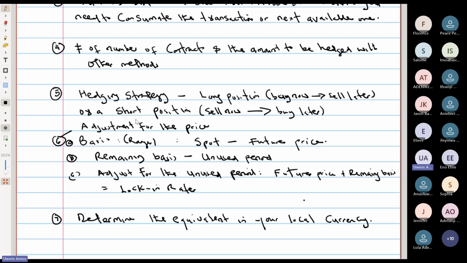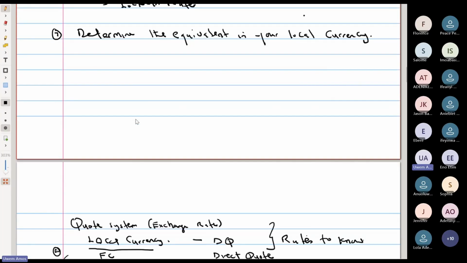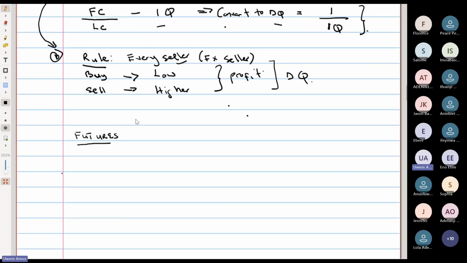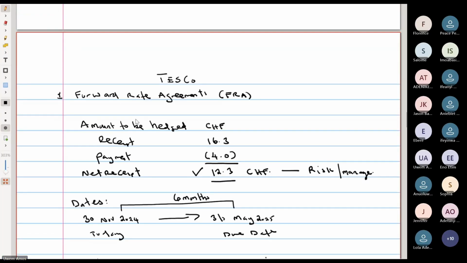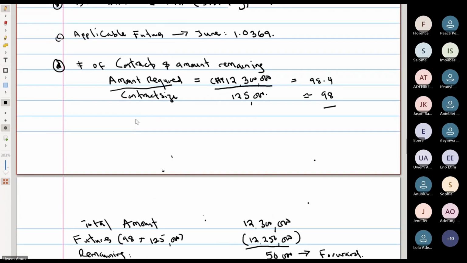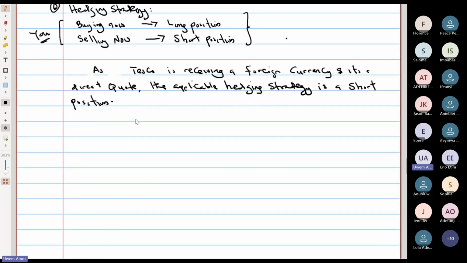So let me explain that part quickly with a quick line that shows where we are. We're talking about the adjustment to the futures price. So this is what we mean.